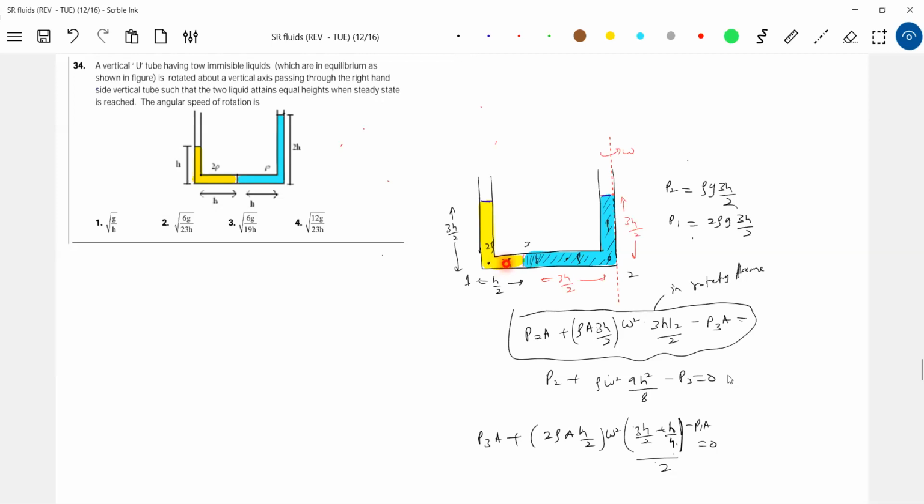M omega square R by 2, no? R is the location of the center of mass. By 2 will come. Okay, justify. Please do think, because this is very easy. Why 3h by 2?